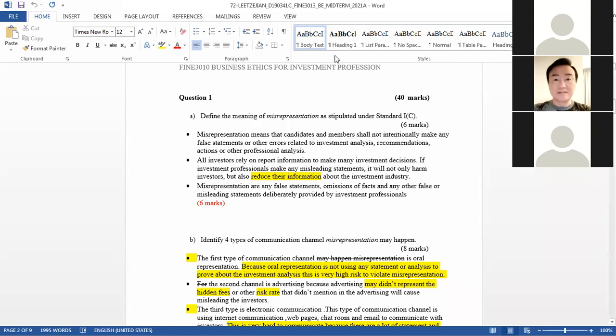Right, so this part is rubbish. Those that are highlight, right? But also reduce the information about the industry. You know, you should have just leave this statement out. Okay, but because you mentioned false statement, omission of fact, right? Okay, so basically you still get full marks, 6.